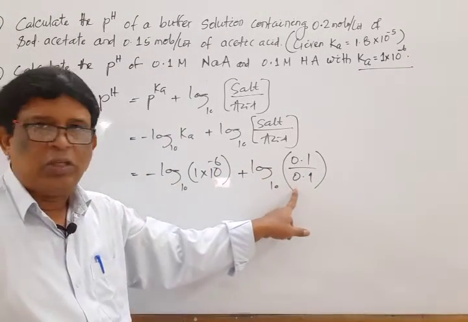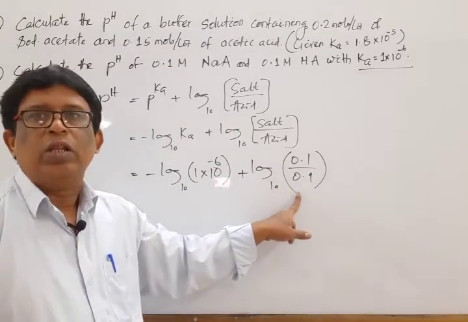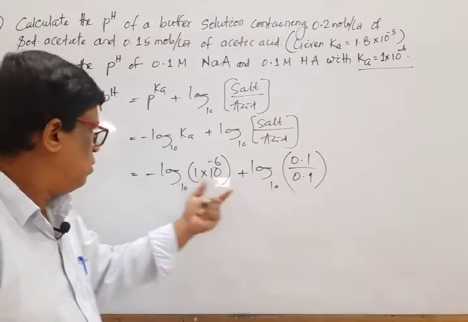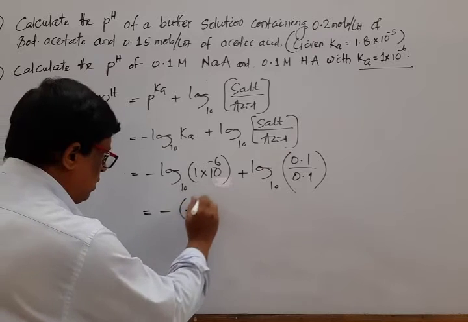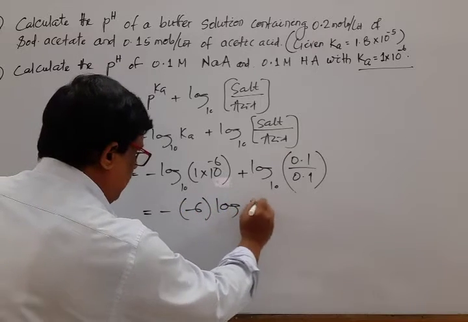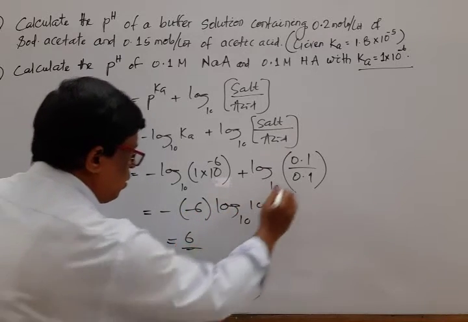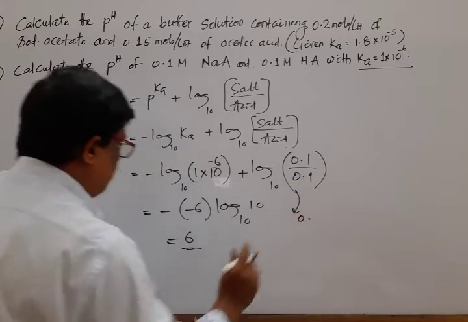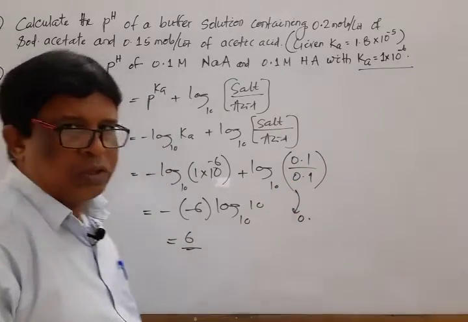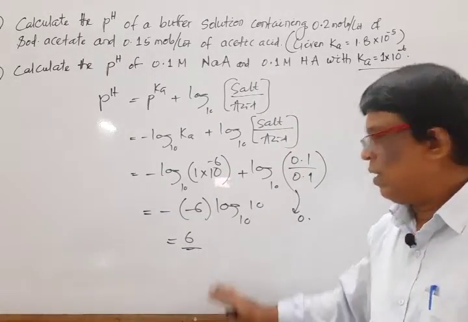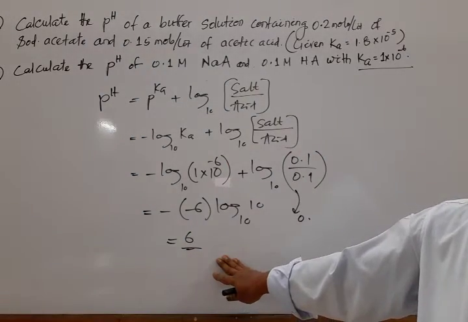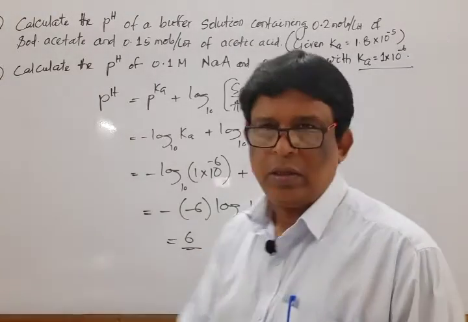So 0.1 by 0.1 cancel, and the value of log 1 is 0. So this value is equal to minus of minus 6 into log 10, which is 6. So the pH of the acetic acid and sodium acetate buffer is equal to 6. Okay, then move to the next problem.